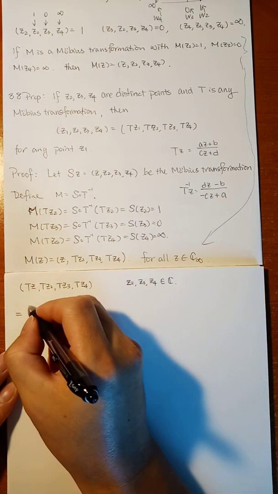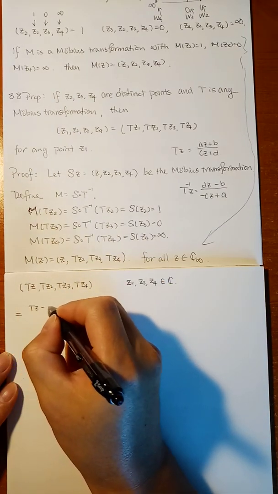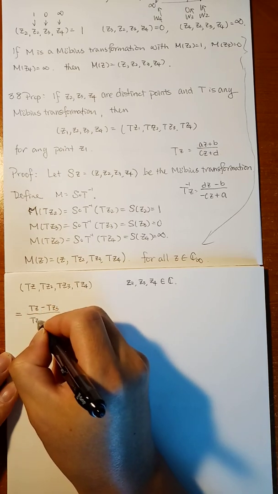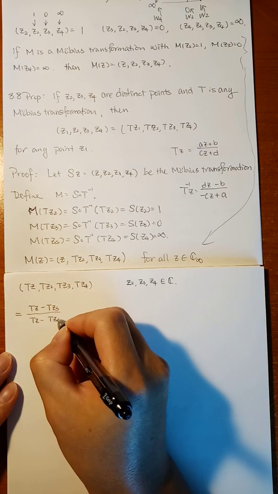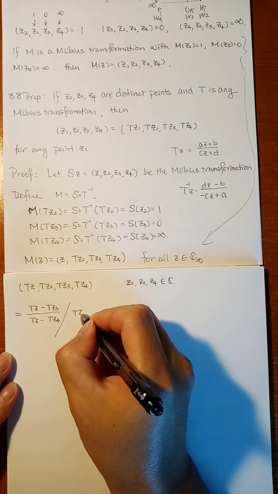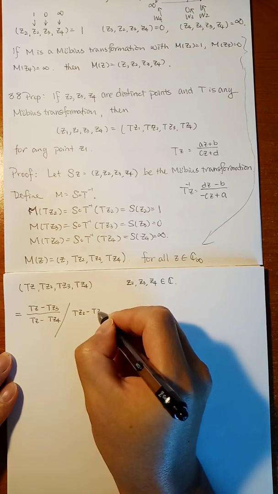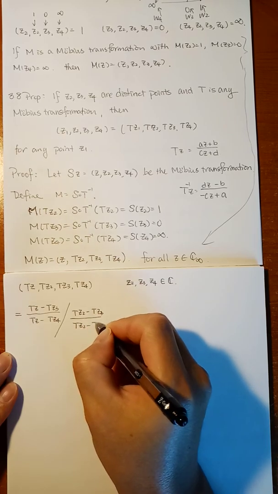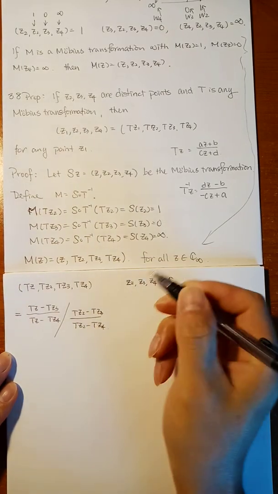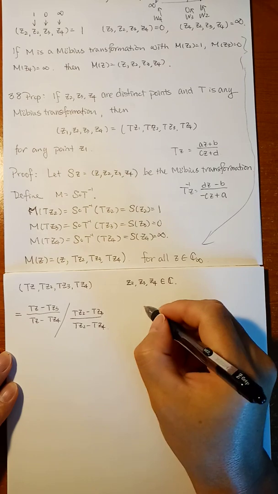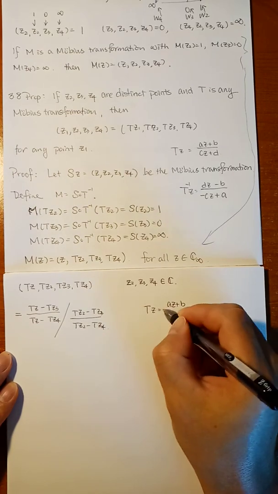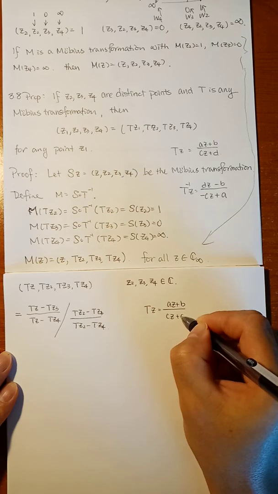So by the definition, it is (Tz minus Tz3)(Tz2 minus Tz4) over (Tz minus Tz4)(Tz2 minus Tz3), right? And here T is a Mobius transformation. Let's assume T is (az plus b) over (cz plus d).